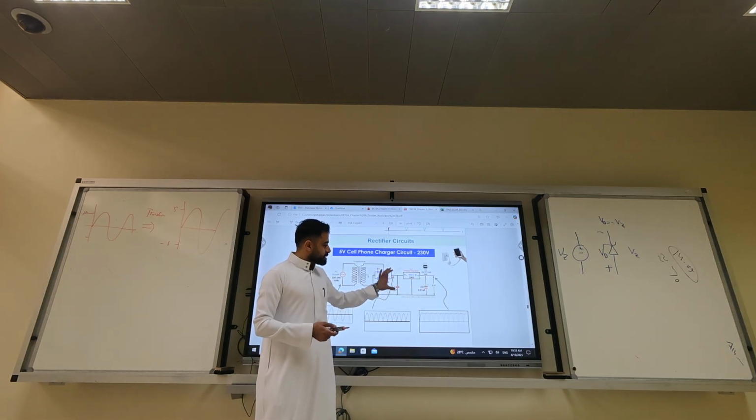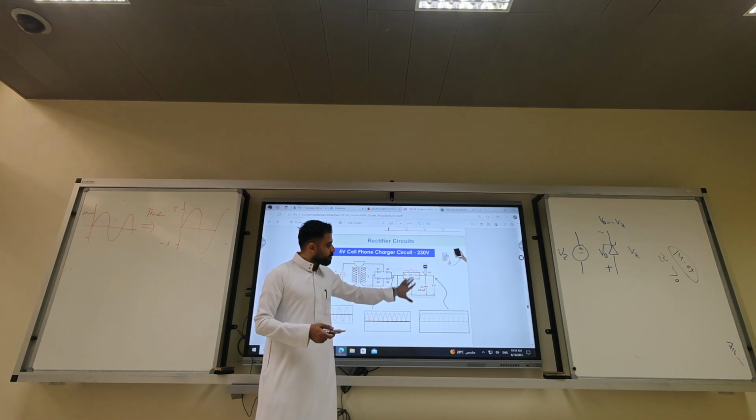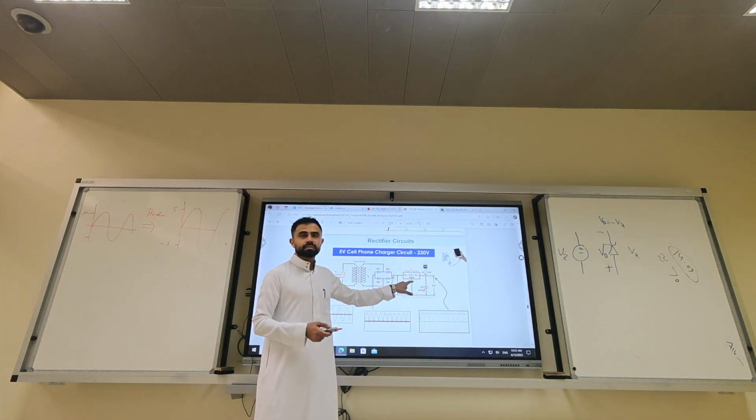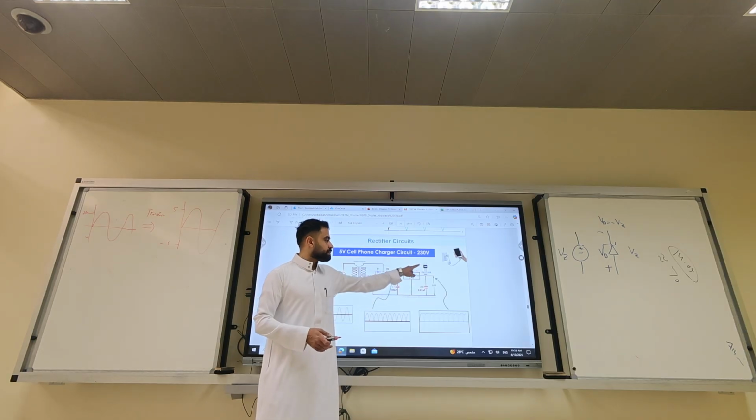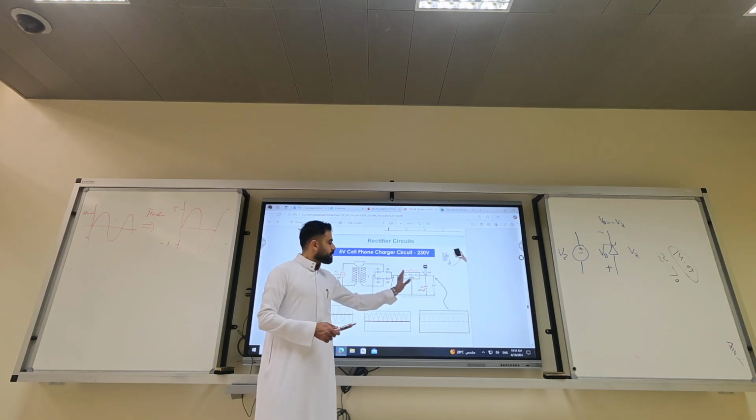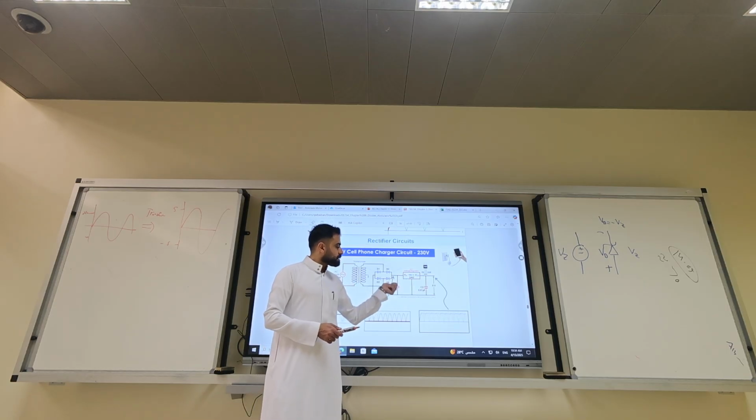Well, one of them is a smoothing capacitor. The other one, with another chip, is called the voltage regulator. What is the voltage regulator? Make it steady. Chip, some chip, 7805, an integrated circuit. This one is to improve the quality. But this capacitor is the smoothing capacitor.